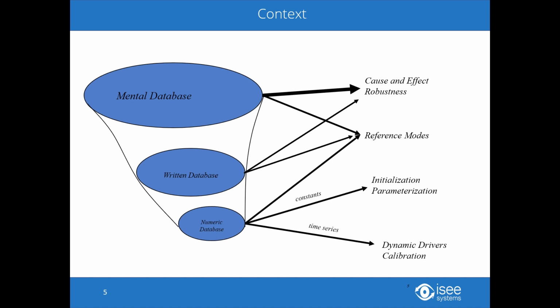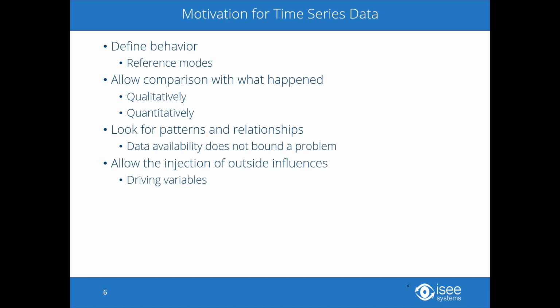The content of it is relatively limited. We only measure a relatively small number of things in day-to-day life relative to what we actually experience. And so in building models, we want the richness of that mental database to help us with the conceptualization and framing of the model. And we use that numeric database for parameterization of values, dynamic drivers, and calibration. But we should recognize that it is a subset of the information available.